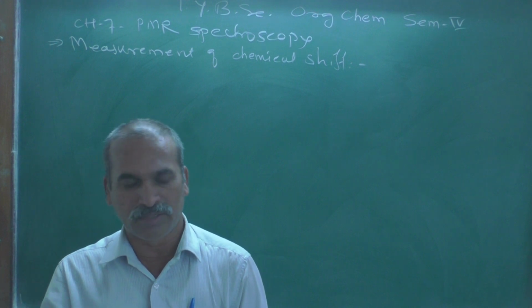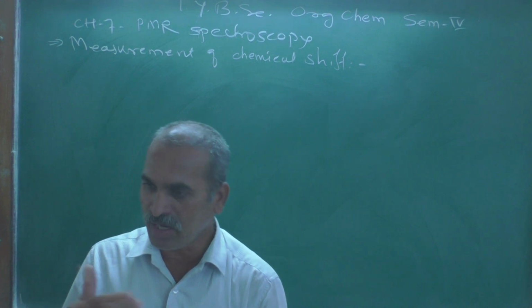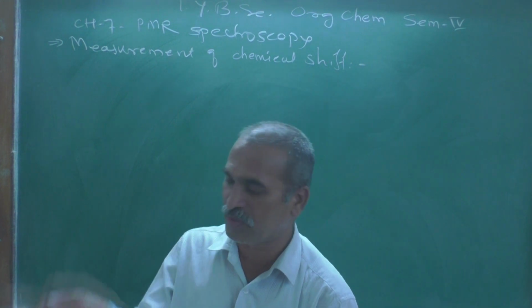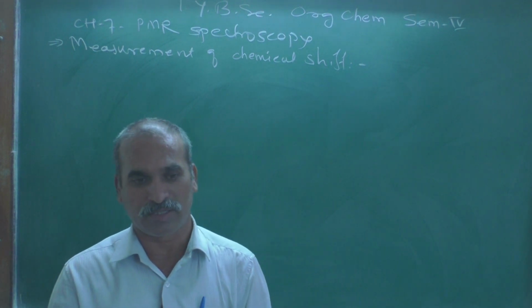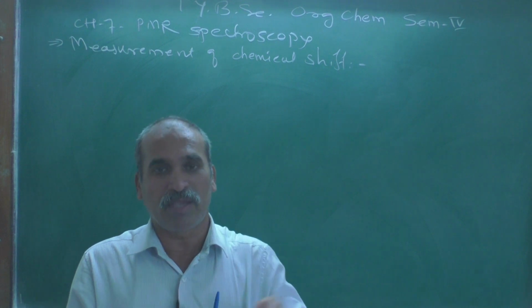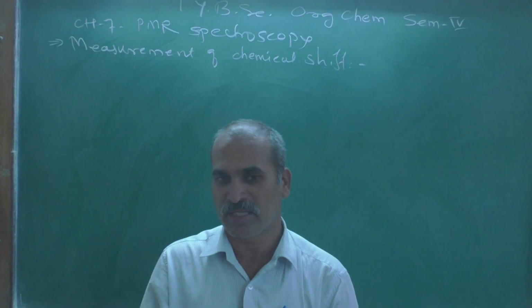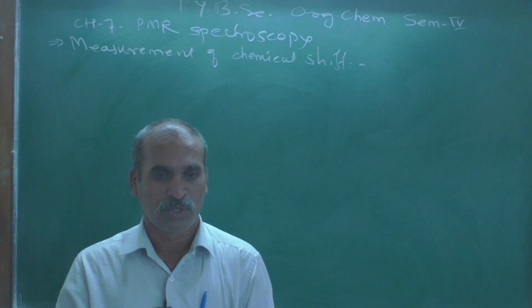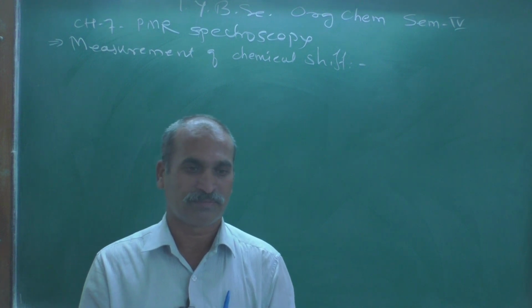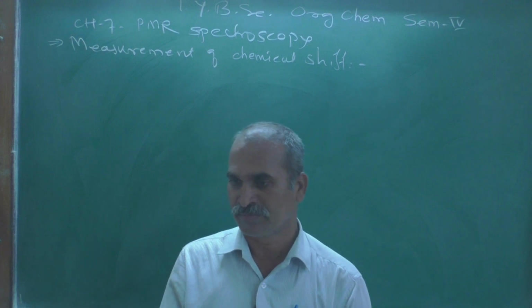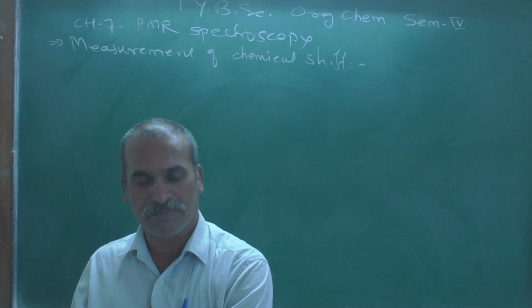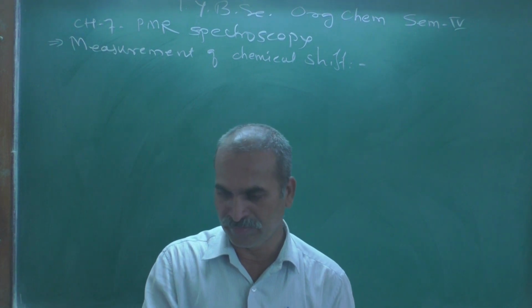And the other one is the methyl proton, where there are three protons, but the chemical environment around all three is identical, and therefore they absorb at the same magnetic field. One is at upfield and one at downfield.